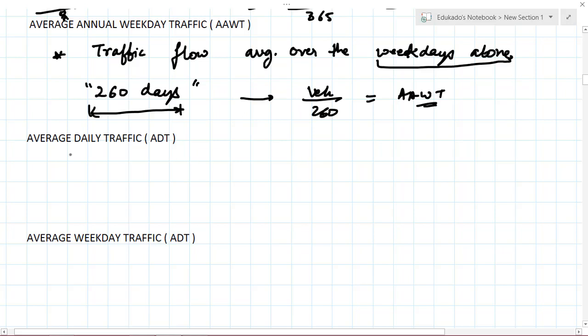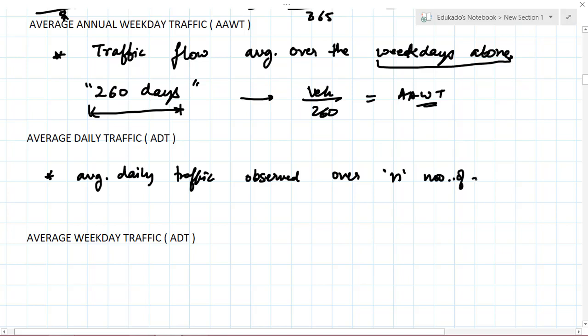Alright. Now the average daily traffic. I think you're getting used to these things now. Let's write first. It is the average daily traffic, observed over n number of days.